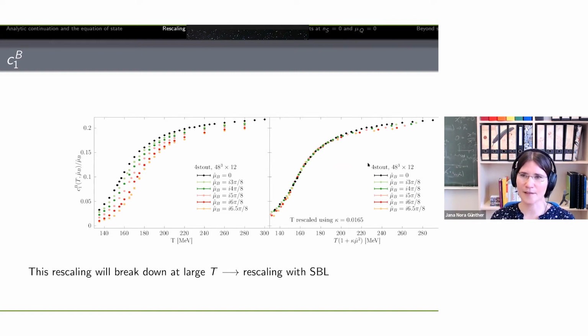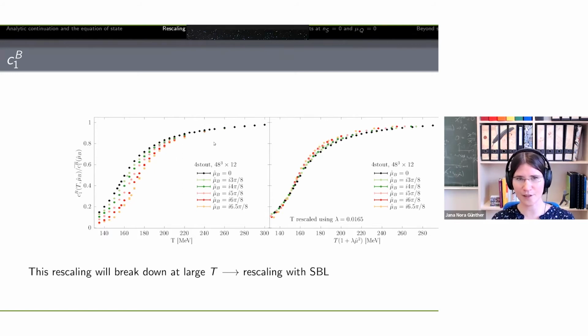And it's very clear that this rescaling scheme will break down at very large temperatures. However, this can actually be remedied by rescaling everything with its Stefan-Boltzmann limit. And if we do that with our data, it's only a slight change, then at least we know that it doesn't necessarily have to fail at high temperatures, and our curves are still somewhat collapsing.